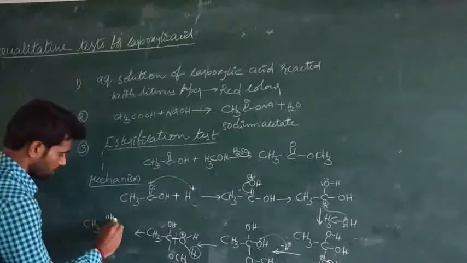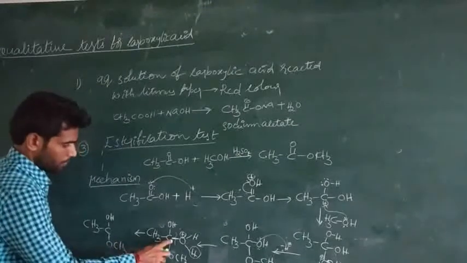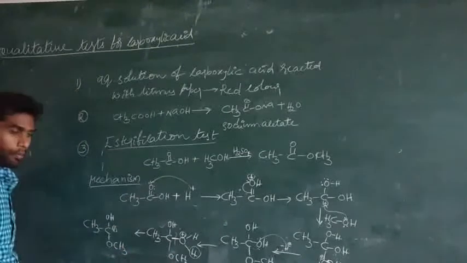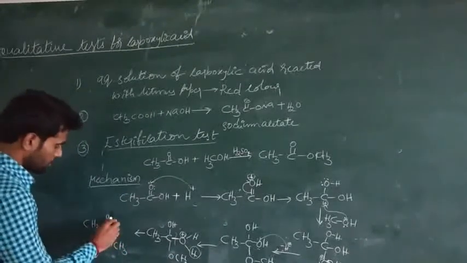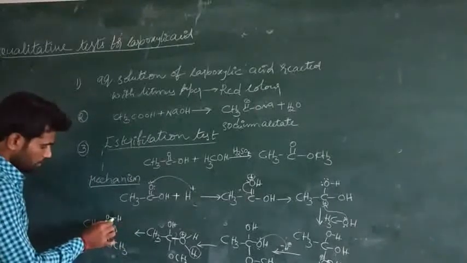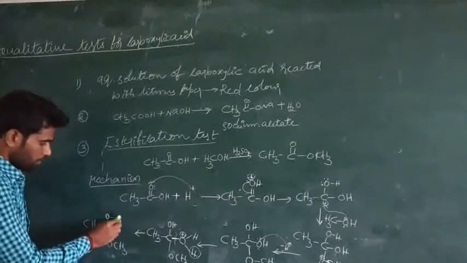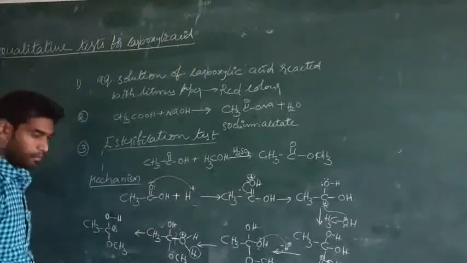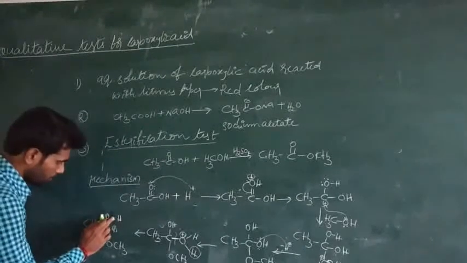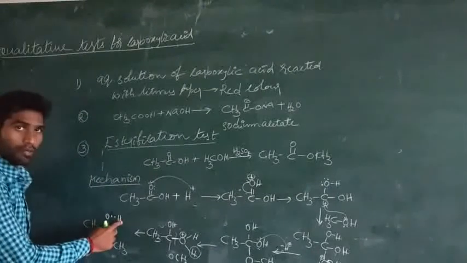CH3C(OH)OCH3, but carbon is getting positive charge. Now between the oxygen and hydrogen atom, oxygen is pulling electrons from the hydrogen atom. These are the two electrons present between the oxygen and hydrogen atom.